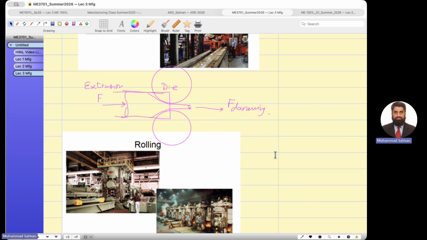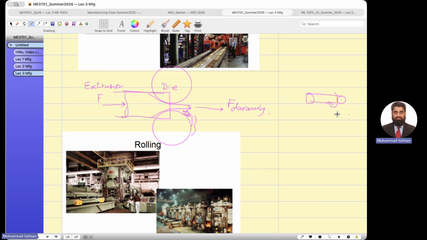We have to change the shape plastically, deforming it into a new shape. Some rollers have different types of cross section. So the material, like a long cylindrical pipe, is rolled slowly. This curve starts becoming smaller and smaller, and at the end it adopts a cylindrical shape, and it is welded at the end.